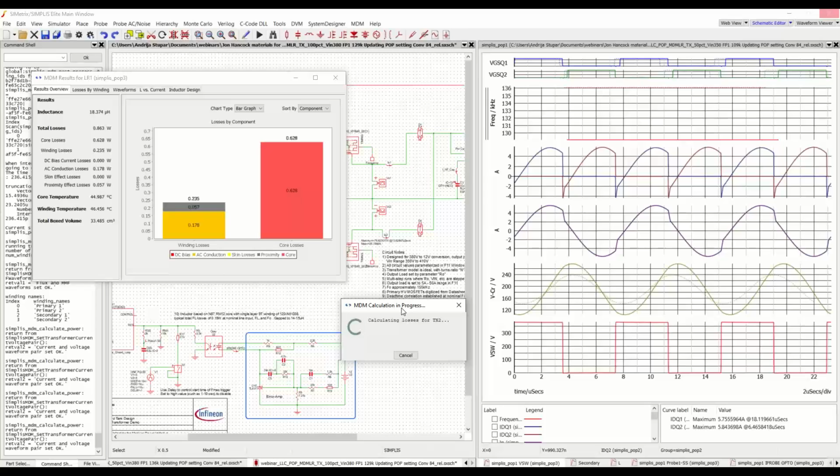So inside the schematic, we have the DC winding resistance of the inductor and of the transformer for each winding. And we also have the leakage of the transformer. But then we calculate all the other losses, the high frequency winding losses and the core losses, in the post-processing step.